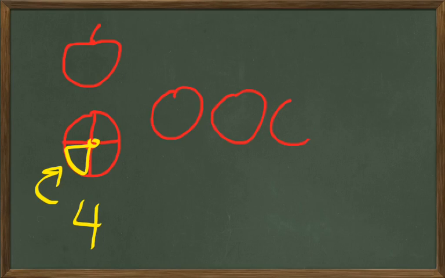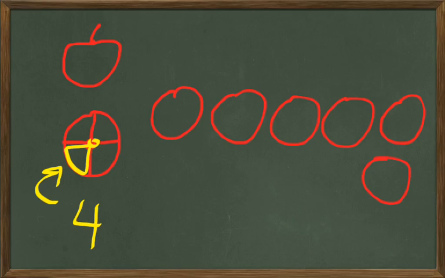Okay, so if 1 apple has 4 quarters in it, that's what each one of these is. Each one of these is a quarter of an apple, looking at it from the top. This is the stem. So how many quarters are there in 6 apples? So if you picture 6 of these apples, looking at them from the top.